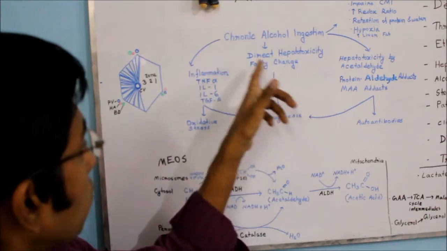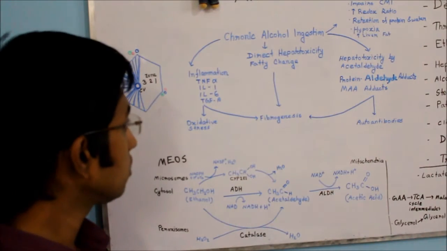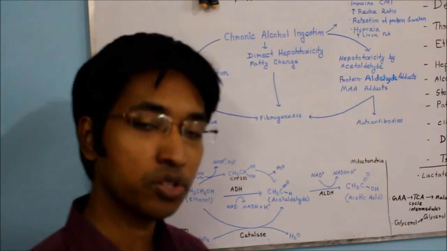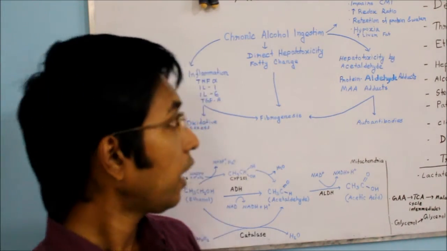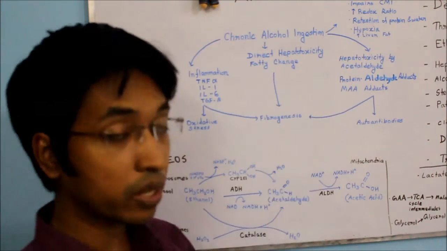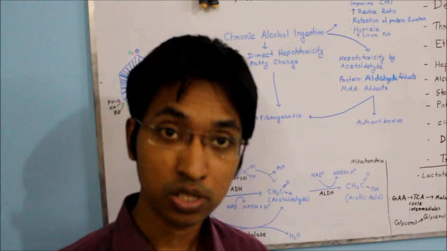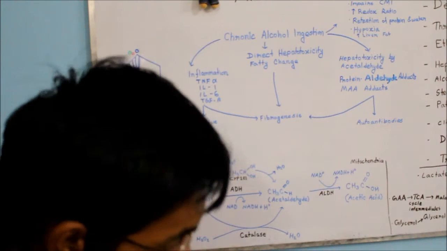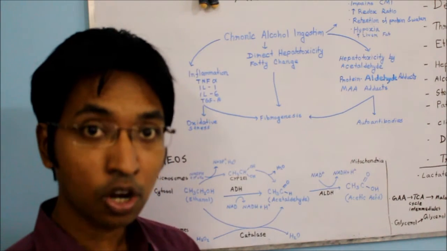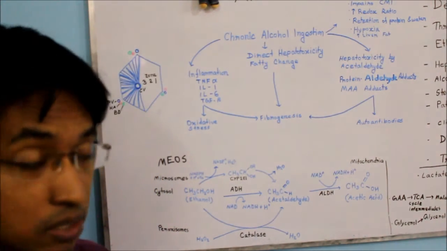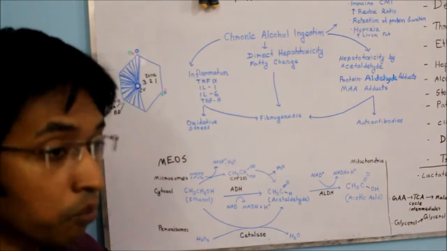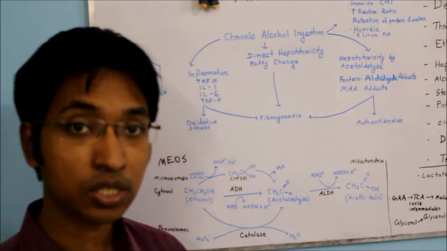Moving on to this part of the diagram, we can see that the third mechanism is inflammation. Always remember, chronic alcohol consumption not only damages the liver cells but also damages the cells of our intestine. That will result in alteration of the permeability of the gut to endotoxin, so more and more endotoxin will now enter the blood.